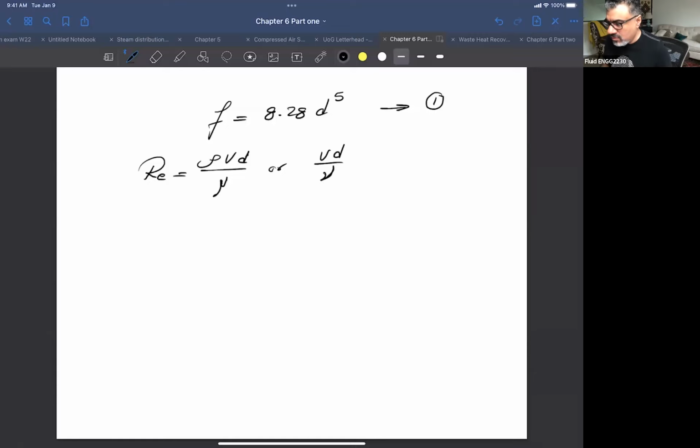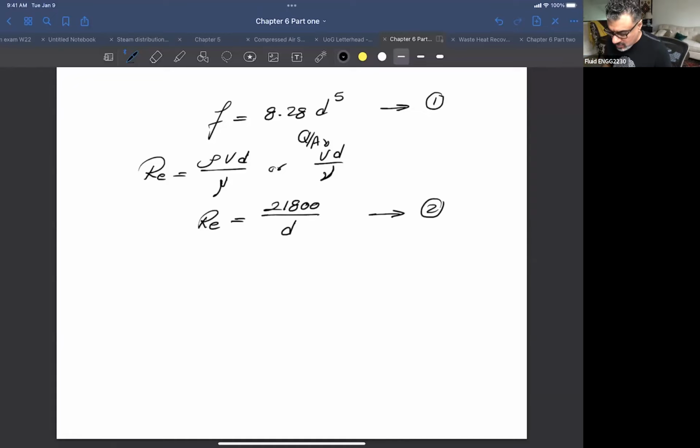Reynolds number here will be Q over the area, and the area here is pi over 4 d squared. So it looks like it's going to be 1 over d squared times d. So I can also calculate Reynolds number as a function of the diameter. So it's 21800 over d, and this is equation 2.